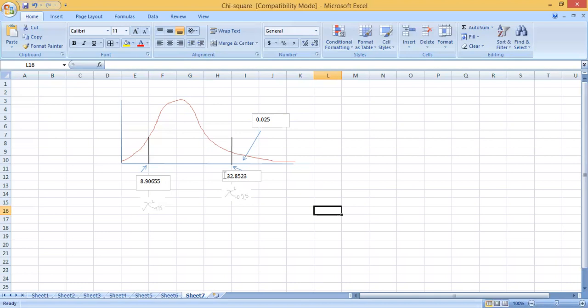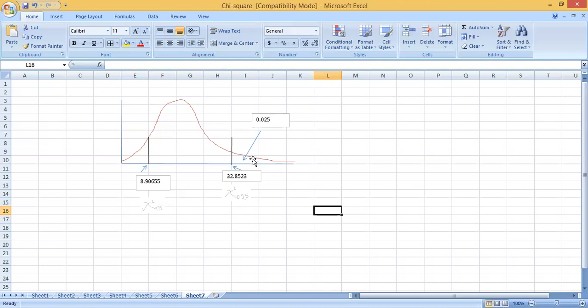For example, the area under the curve to the right of this point, that is chi-square 0.025. Look at this, chi-square 0.025 is this point, and this area represents 0.025.